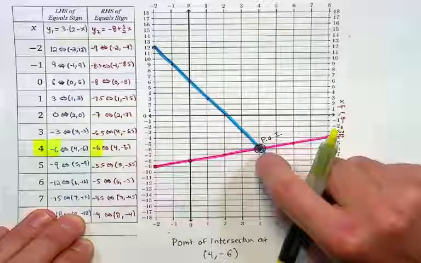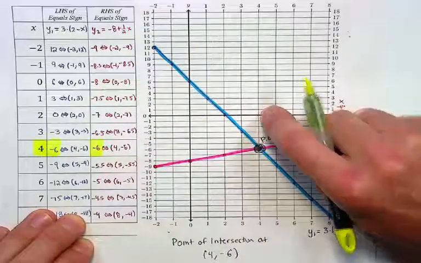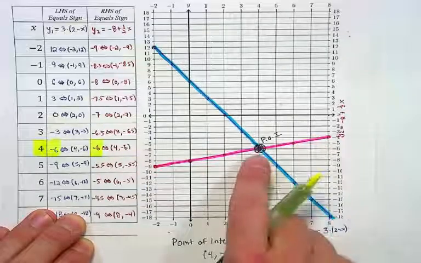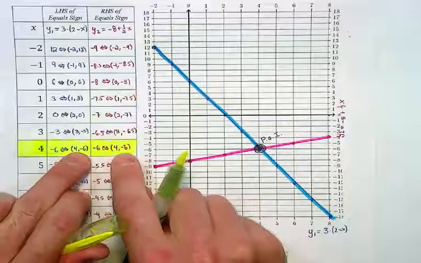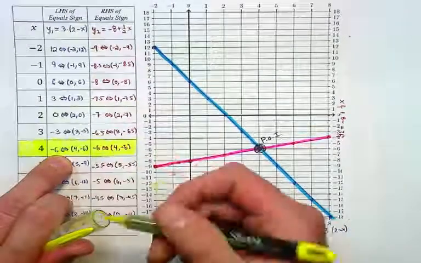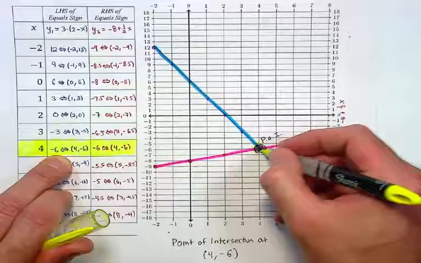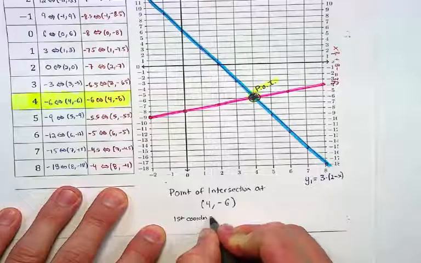In other words, for the input x equal 4, the red line has the same value as the blue line. In other words, these 2 points are the same, so the blue graph intersects the red graph at that point. There it is. Boom, point of intersection. Recall that we were supposed to identify specifically the first coordinate.